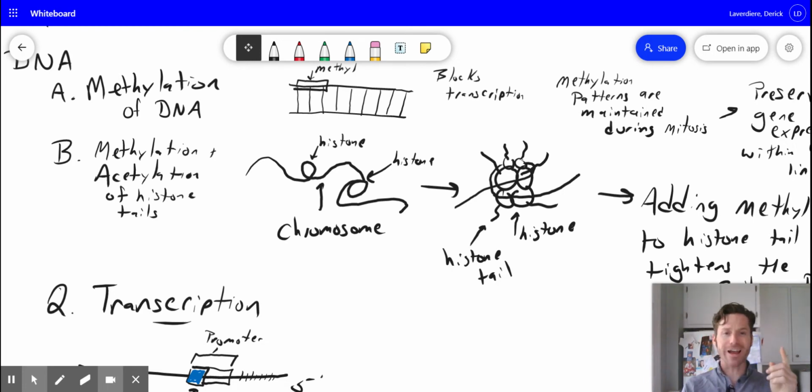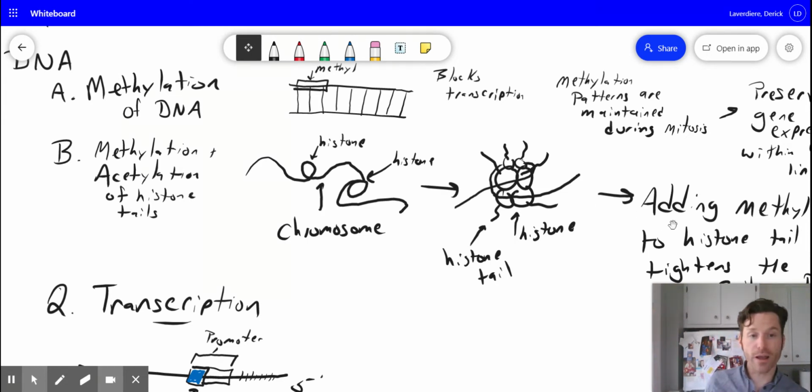Now if we tighten the DNA strand around this histone, those genes that are inside that tight ball are inaccessible to the RNA polymerase. And so if we tighten this coil, those genes will never be expressed. Similarly, if we loosen that coil around that histone, genes that might have been inaccessible beforehand are now accessible to the RNA polymerase.